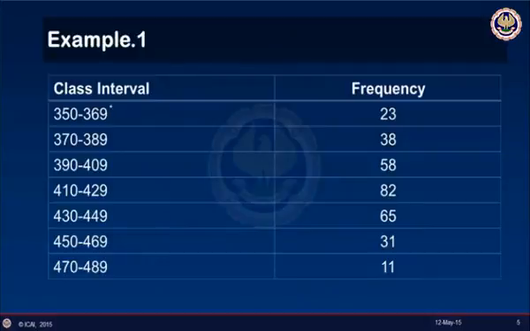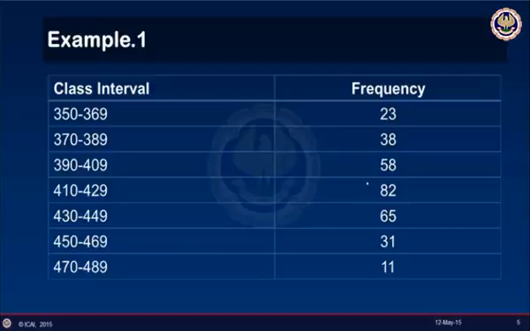The class intervals and frequencies are given: 350 to 369 has frequency 23, 370 to 389 has 38, 390 to 409 has 58, 410 to 429 has 82, 430 to 449 has 65, 450 to 469 has 31, and 470 to 489 has 11.